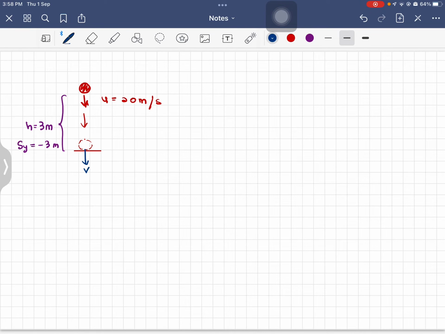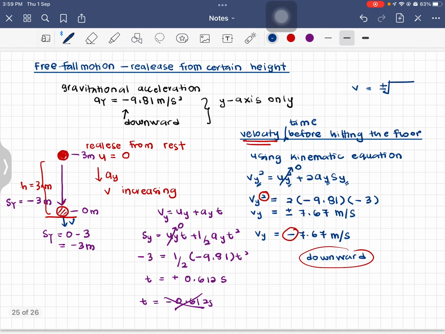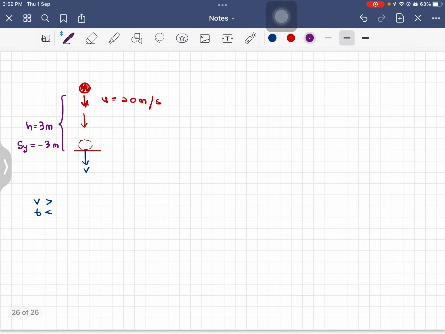Your velocity will be more than the velocity before, but your time should be less than the time in the situation where U is at rest. In this situation, your Vy will have a magnitude greater than 7 and its time will be less than 0.6.